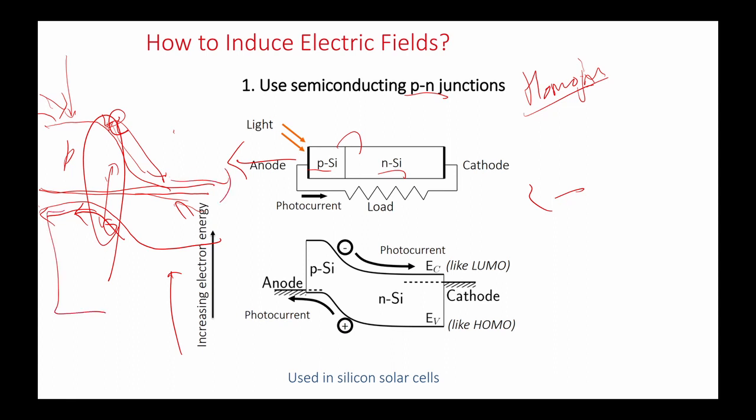And if we connect this to a load, they will give a current. Electrons will go this direction, holes will go this direction, and they will give us a current. This is what we wanted. There are several things that you need to note.